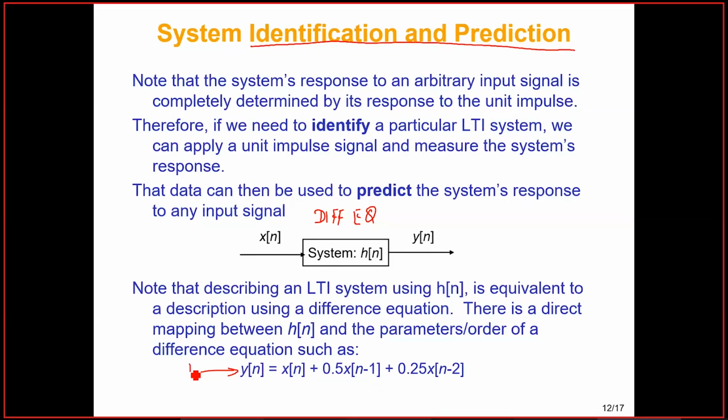That is one way. The second way is, if you know your impulse response, if we just give delta of n as an input and record whatever the output is, whatever the impulse response is, then that also is good enough to find out how the system will respond for any given input, and that is by using the convolution sum.